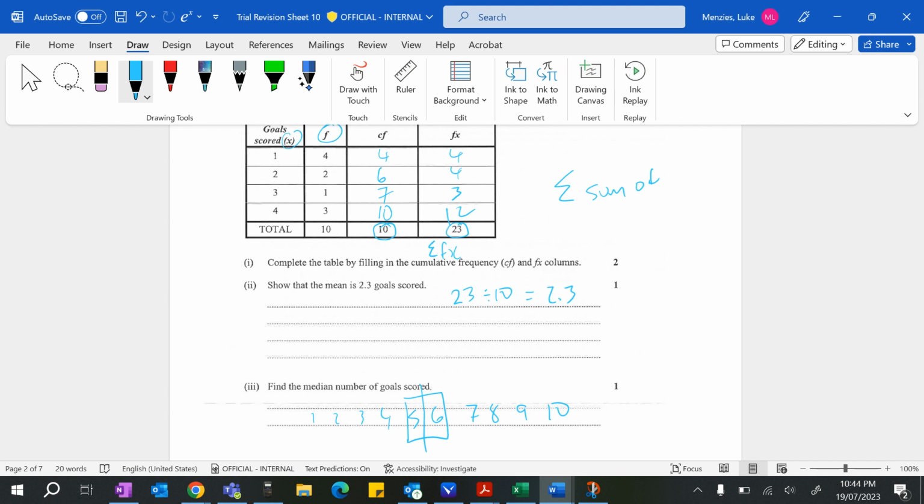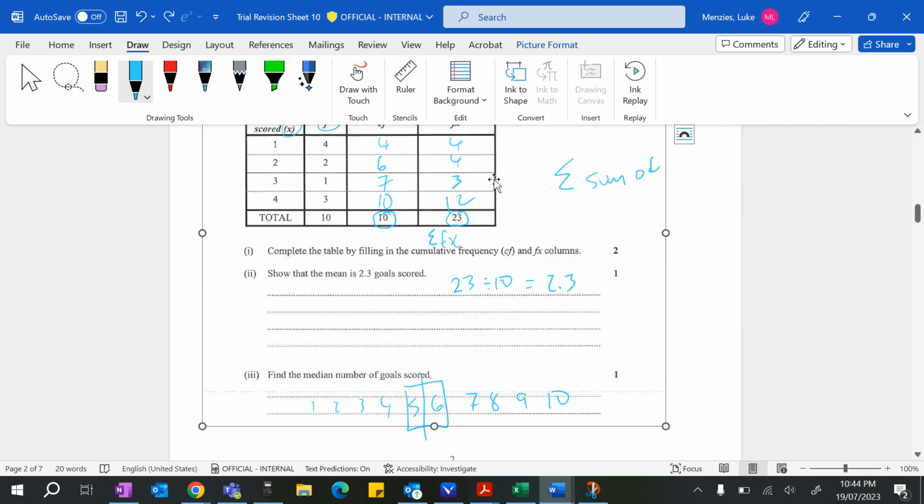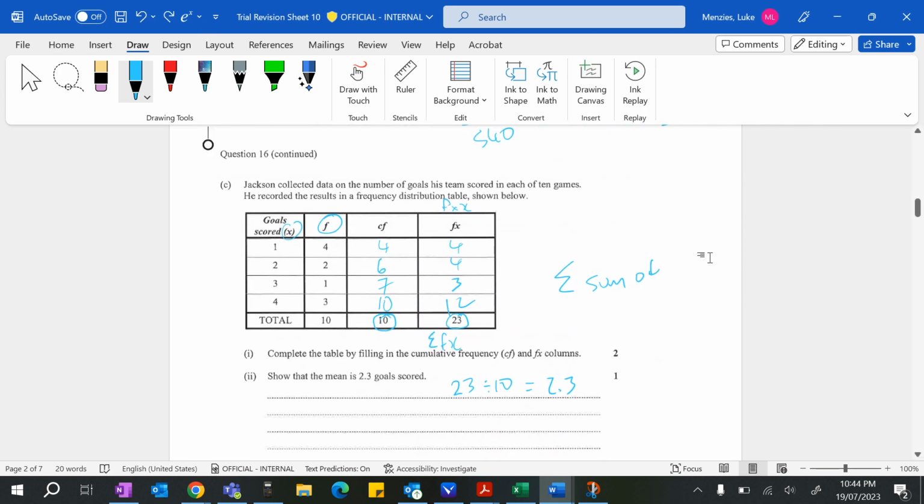if I was to write it out, the first four goals... Okay, so back up here, the frequency means 1 has occurred 4 times.